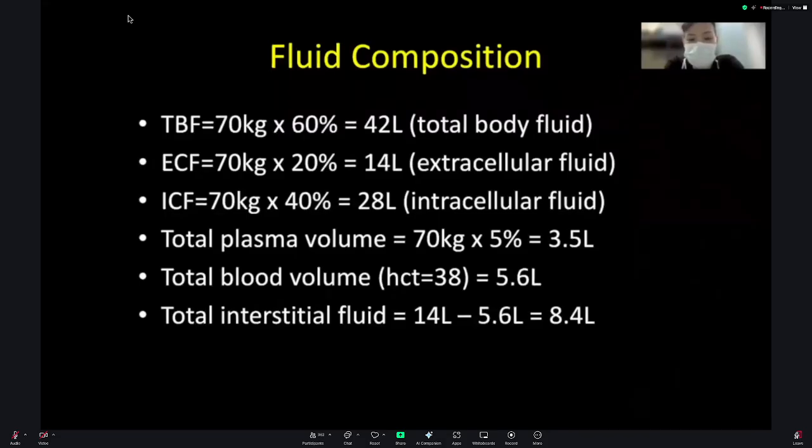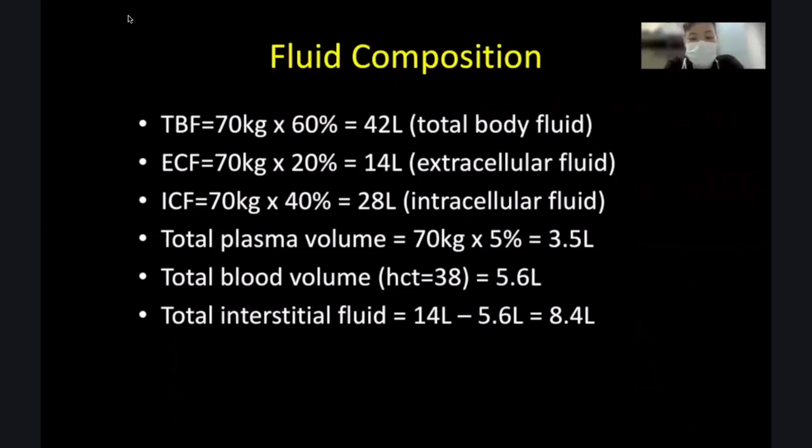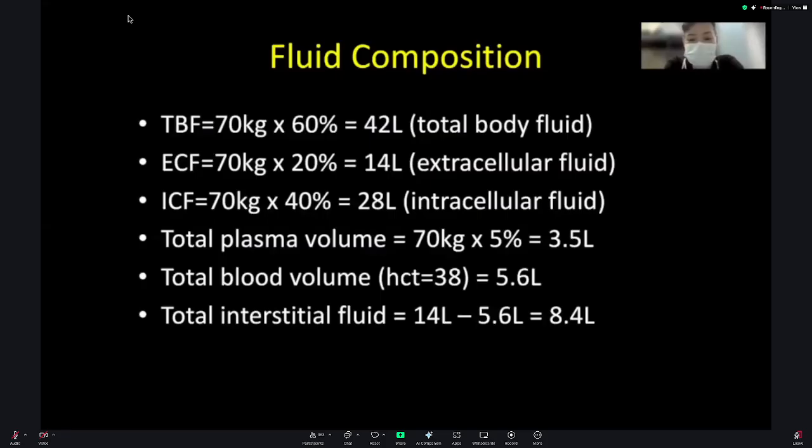Total plasma volume, since the intravascular fluid compartment and the plasma are the same, is 5%. Total blood volume, later on, we'll discuss how to compute. And total interstitial fluid, or the other 15%, you compute the ECF first, then subtract the total blood volume, and you will get your total interstitial fluid. So very simple mathematics.